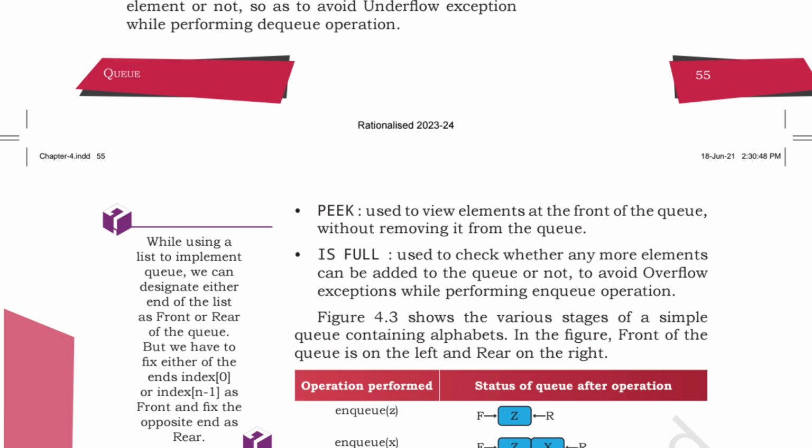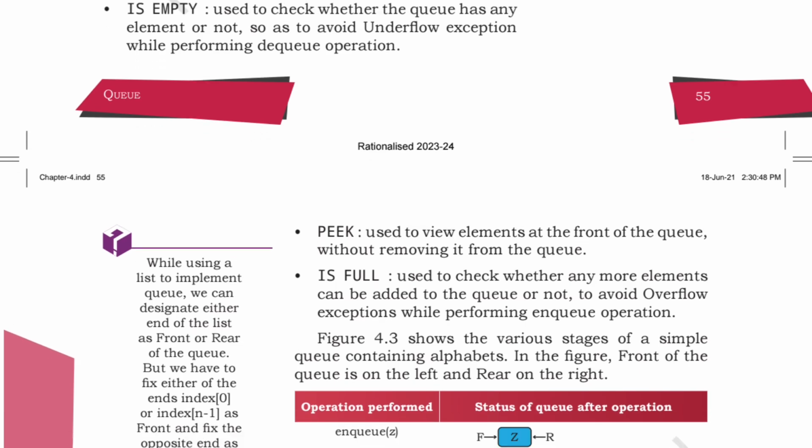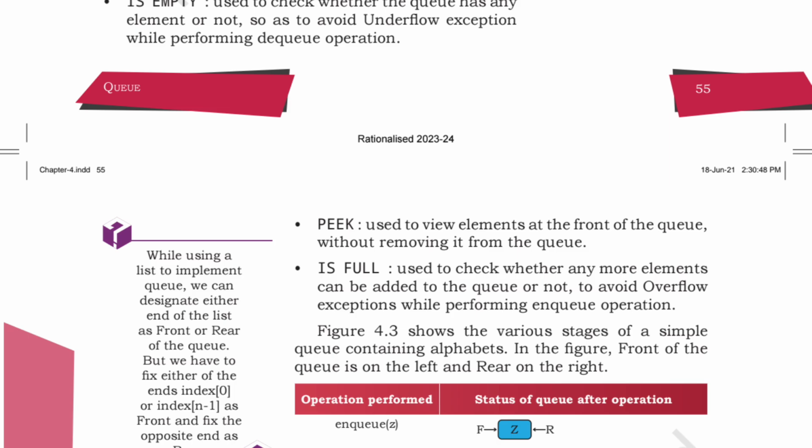In front we remove the element whichever comes first, but peek is basically used to not remove the element from the queue. Front is what and rear is what, I already taught you. So peek is basically useful to avoid removing the elements from the queue.